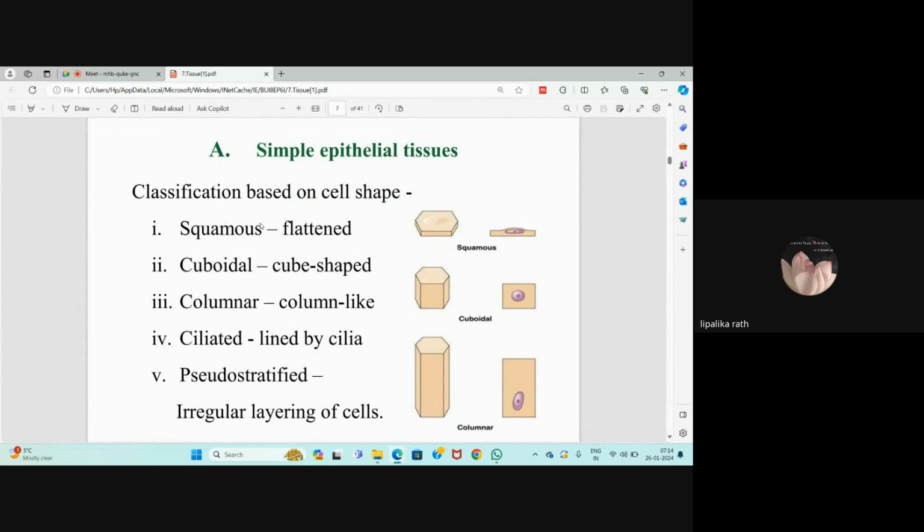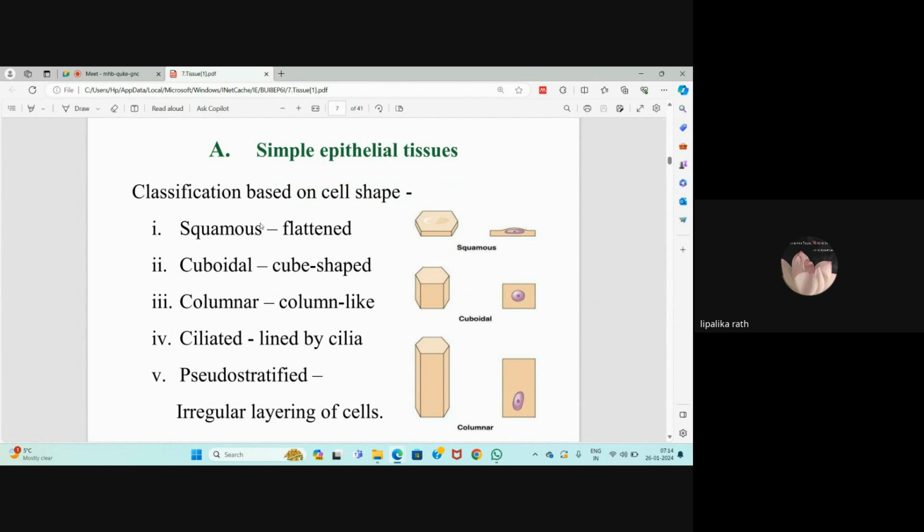Then pseudostratified: pseudo means false, and stratified means having more layers. So it shows irregular layering of cells. It is a single layer of cube-like cells, but it shows more layers.